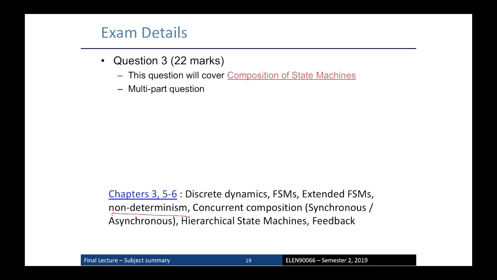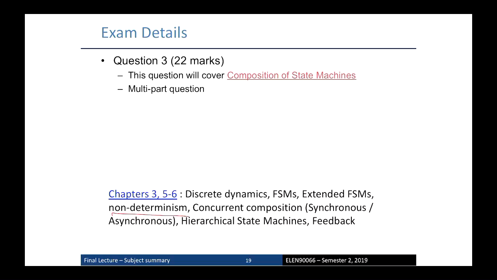Any questions about that? I will just say if you have to draw an equivalent flattened state machine, you have to follow the rules that we've been using in this subject, okay? Preemptive transitions, history transitions, whatever. You have to label it in the proper way.